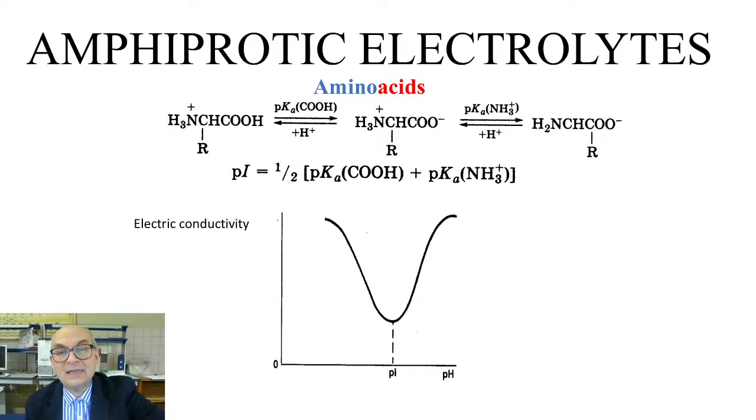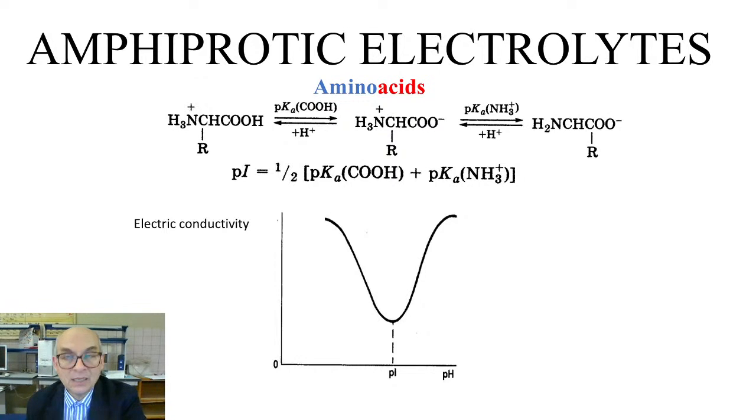Exactly speaking, the pH of the blood is equal to 7.4. The isoelectric point of an ordinary protein is about 6.